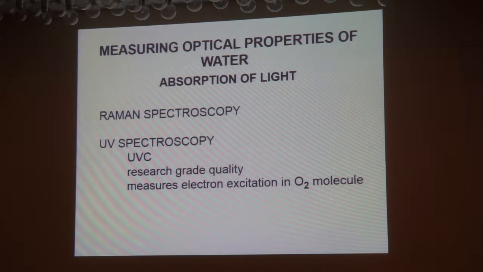I'm doing this historically in the sequence that my original experiments were done, with ultraviolet spectroscopy because I happen to have access to one. The point being that ultraviolet spectroscopy measures the excitation of electrons in trapped gas in the water, oxygen primarily.